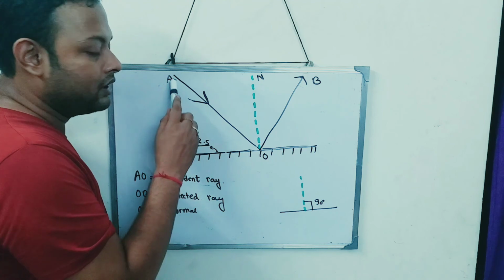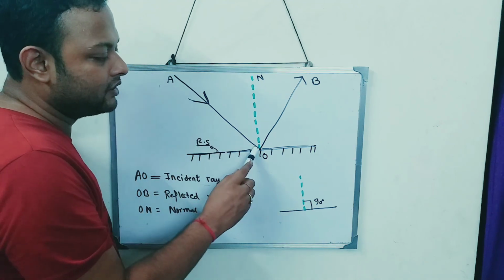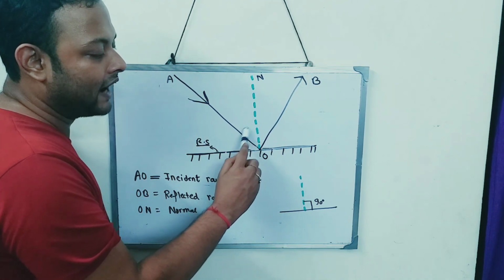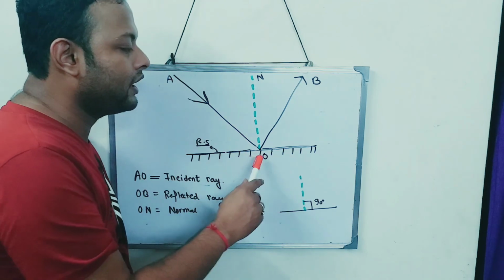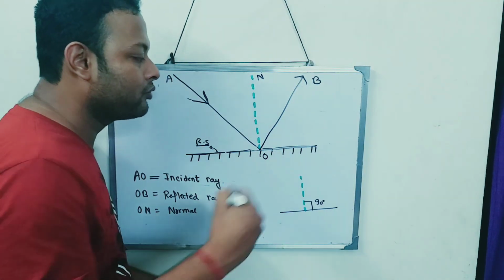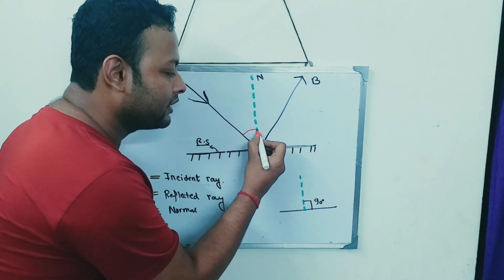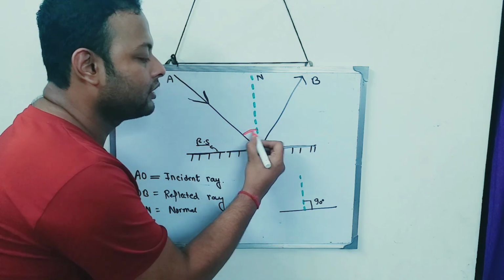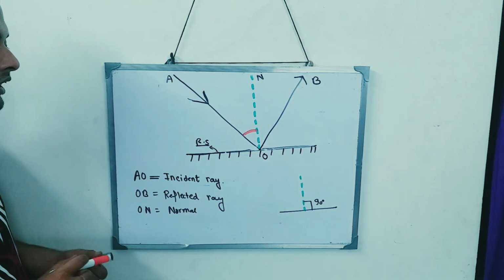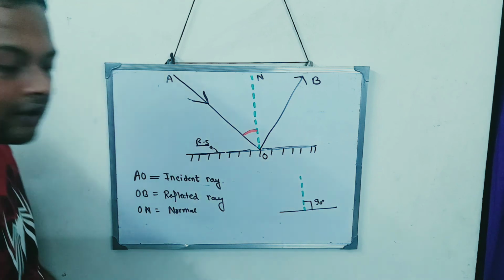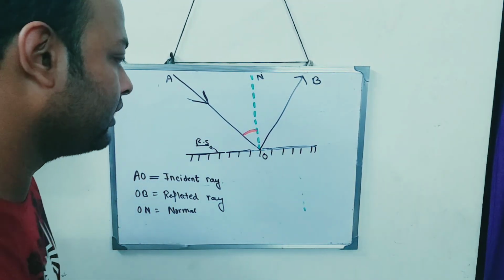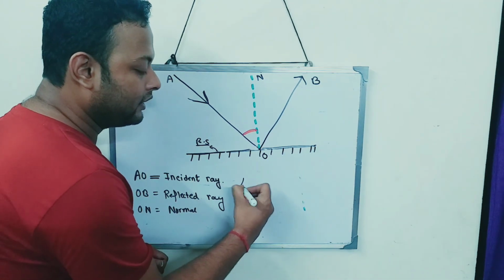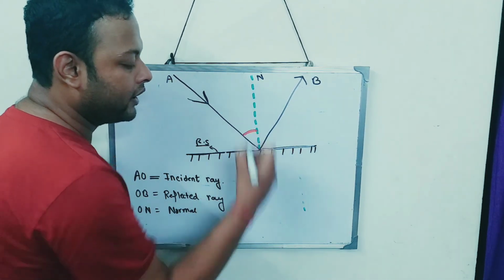Now between the incident ray and the normal, there is an angle formed, which I am representing over here like this. You can see this angle. This angle over here is angle AON.